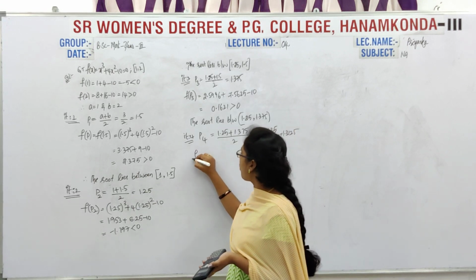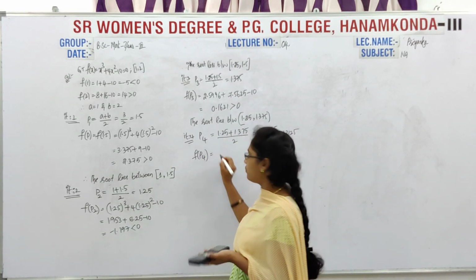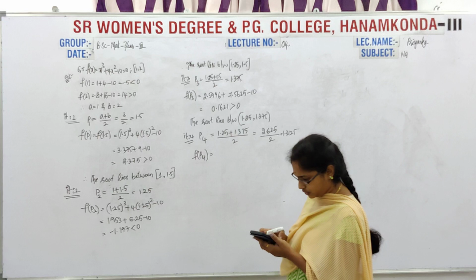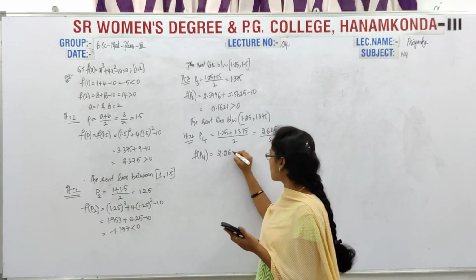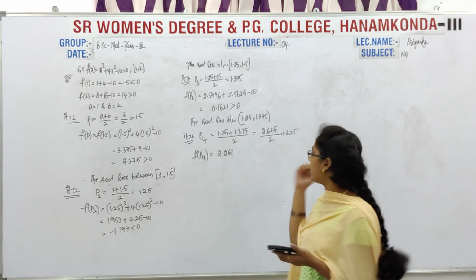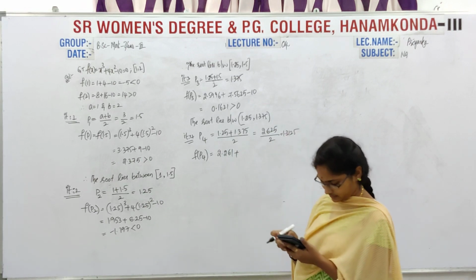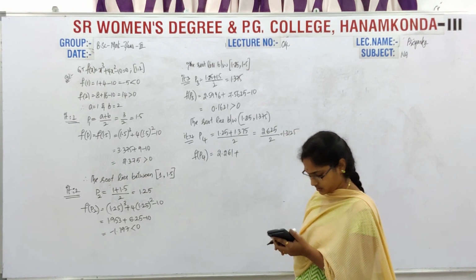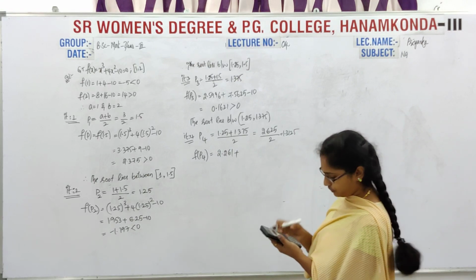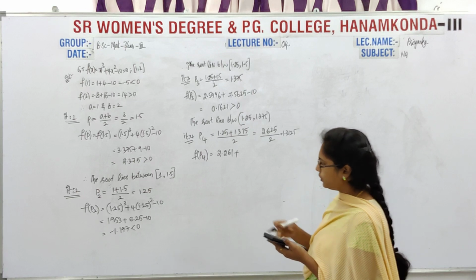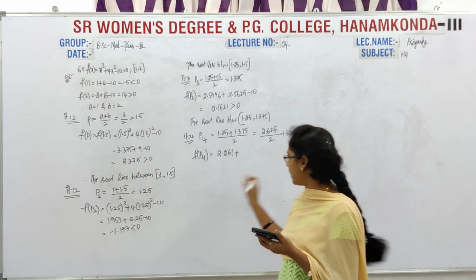So now here f of P4. F of P4 means this value whole cube first of all. Now it is 2.261. Okay, then plus 1.3125 whole square into 4. No need to write this equation again and again. Directly also you can.